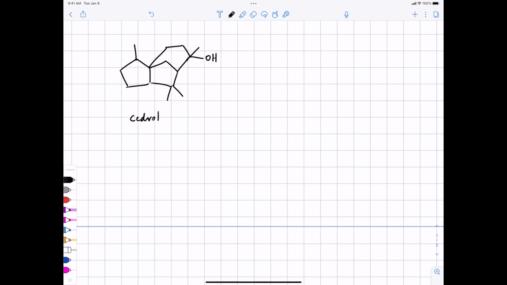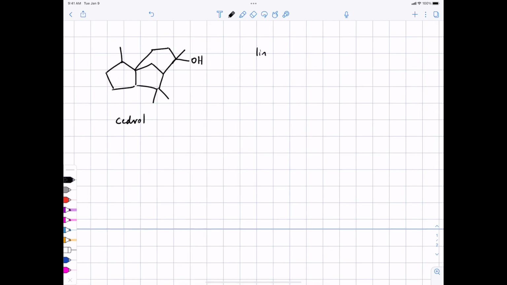And I will say that you get this from the following linear precursor, which is called farnesyl pyrophosphate. This is the extended version of geranyl pyrophosphate.